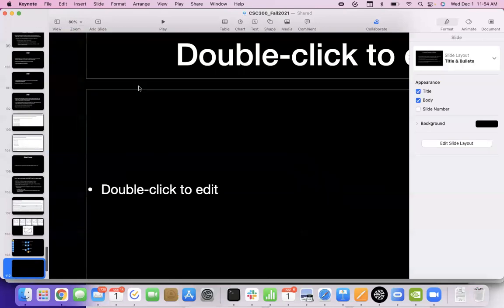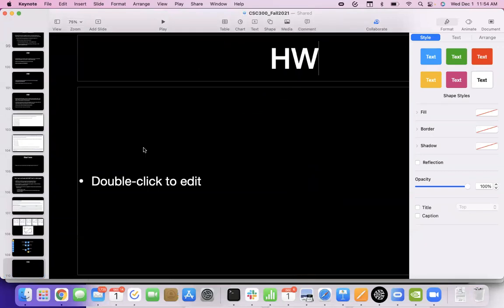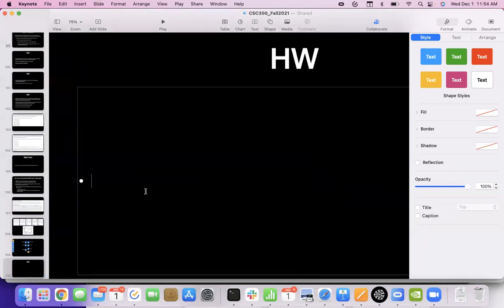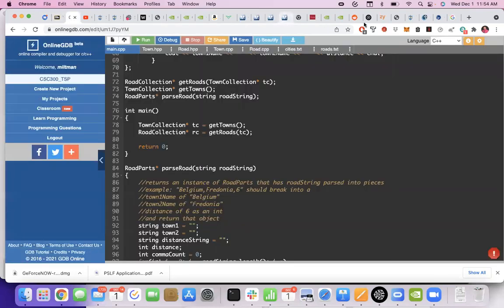All right, so homework. Update our code, and I'll give you a starting point for our code. Make sure it's saved. It is. Just make sure it runs real quick.